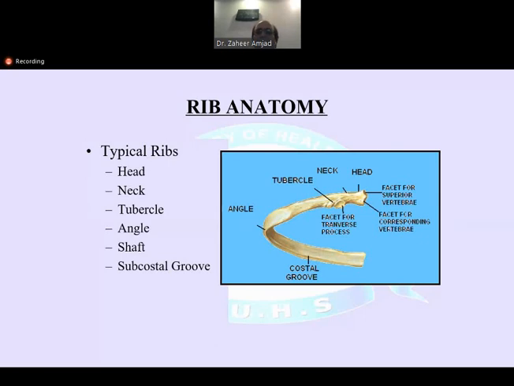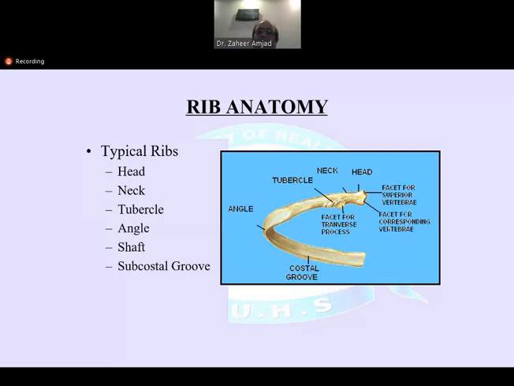It has a head which has two facets. The lower facet is for the articulation with the vertebra of the corresponding number. It will make contact with the 7th vertebra at the lower facet.